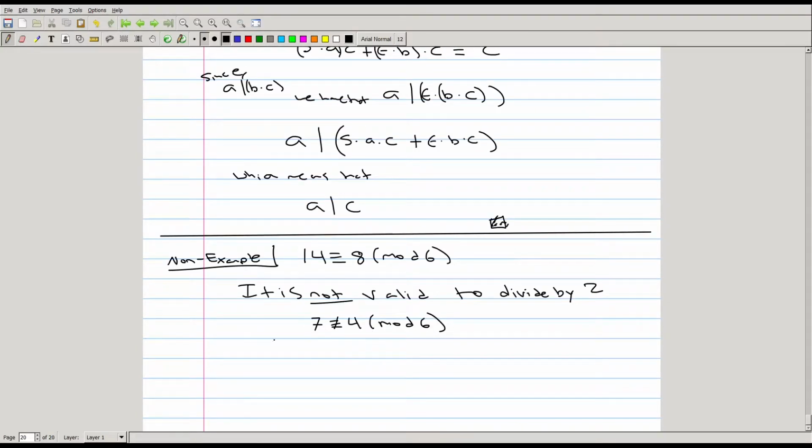The greatest common divisor of 6 and 2, the thing that we're dividing through by, is not equal to 1. It's equal to 2.